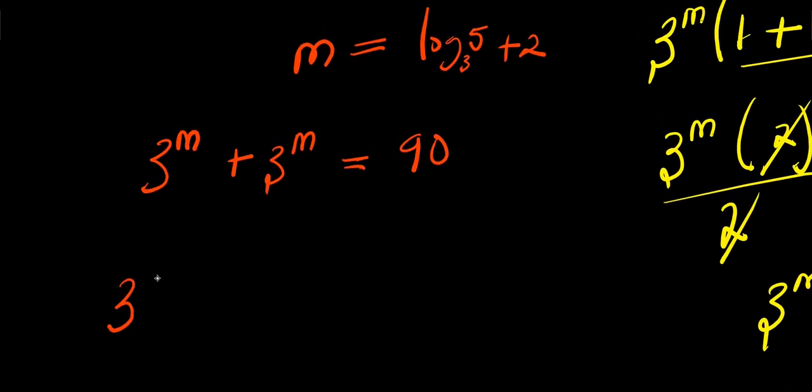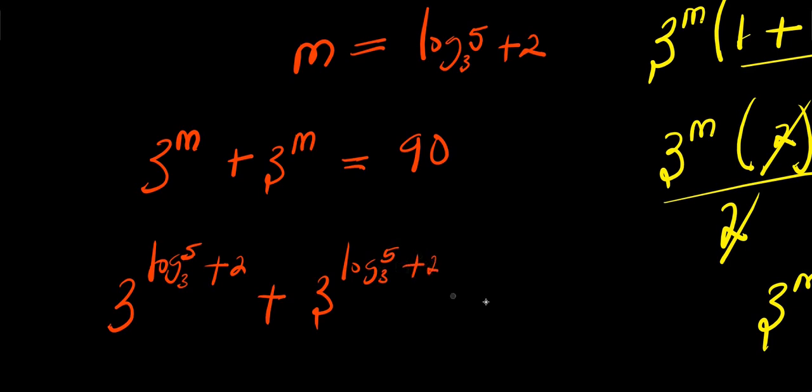That means we have 3 power log 5 to the base of 3 plus 2 plus 3 power log 5 to the base of 3 plus 2 equals 90.